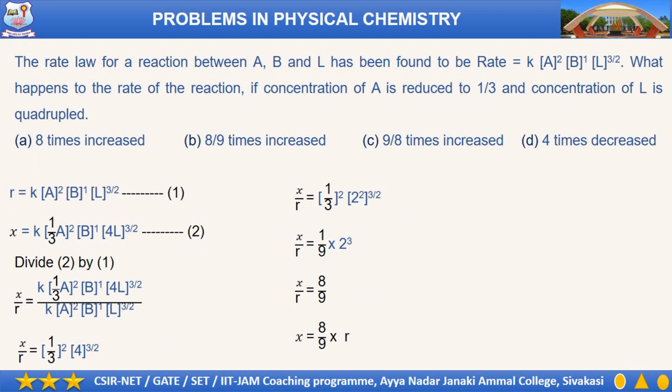The rate law for the reaction between A, B and L has been found to be, write the rate law: rate is equal to K into A power 2 and B power 1 and L power 3.